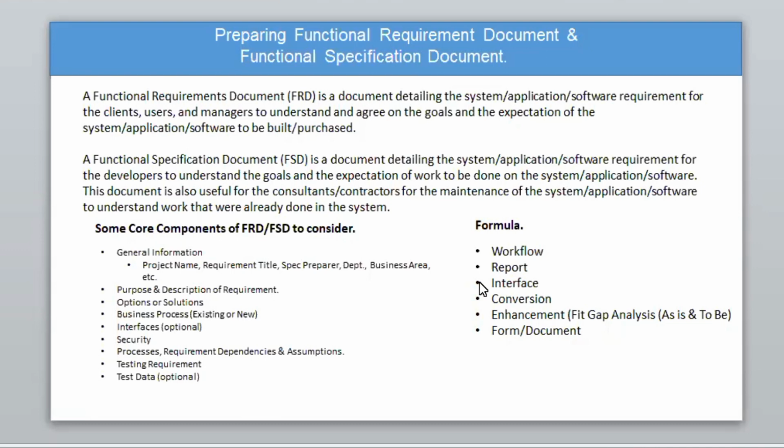So when you get to the workforce, if they tell you you need to write an FRD or a functional requirement document, you should have it at the back of your mind that the functional requirement document is just to talk about the functionality, the expectation, and the goal of that software or application they are looking to either build or purchase.